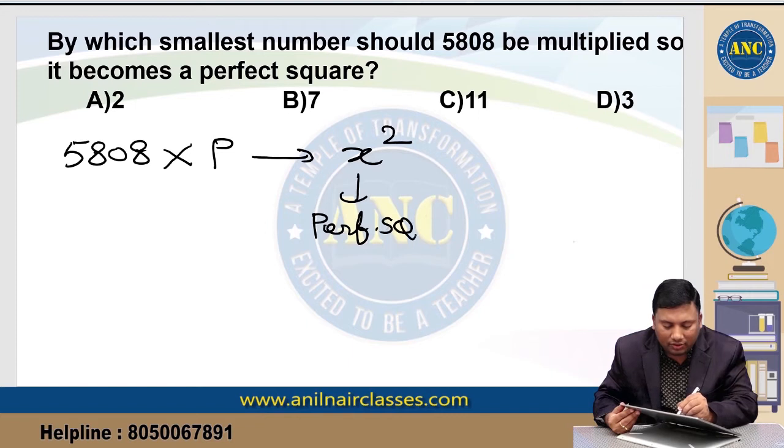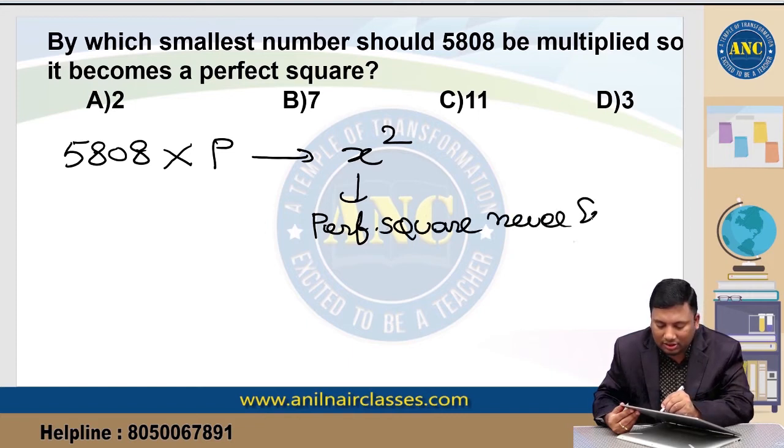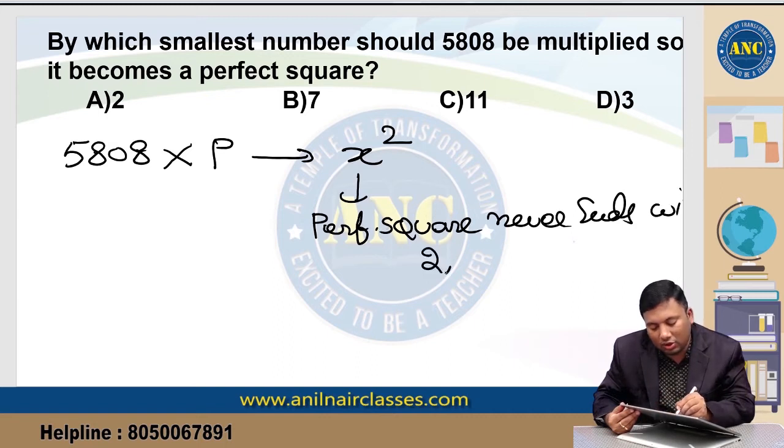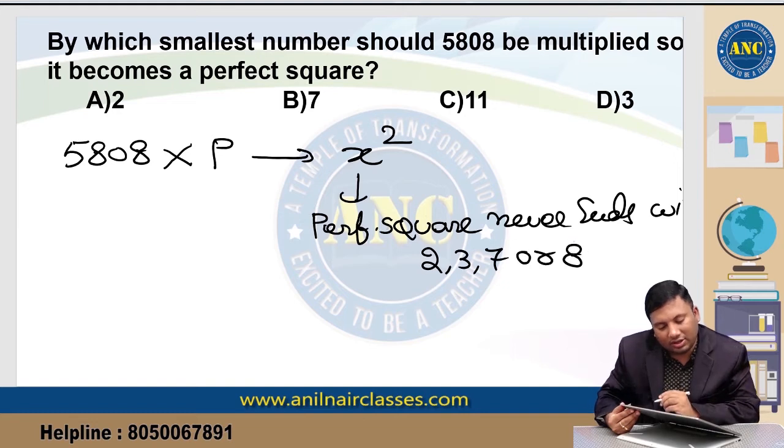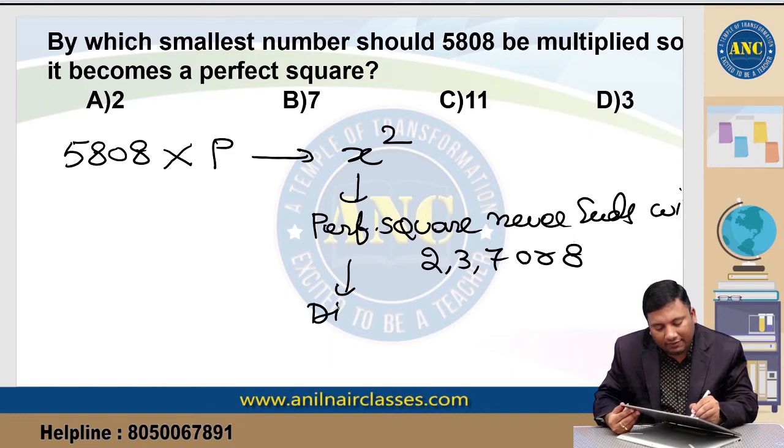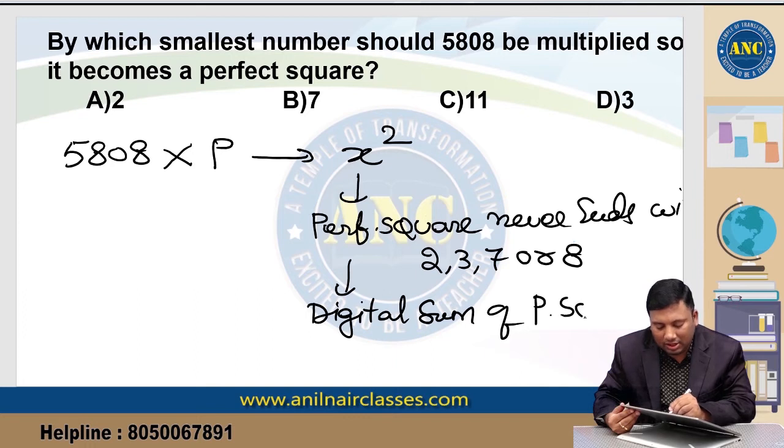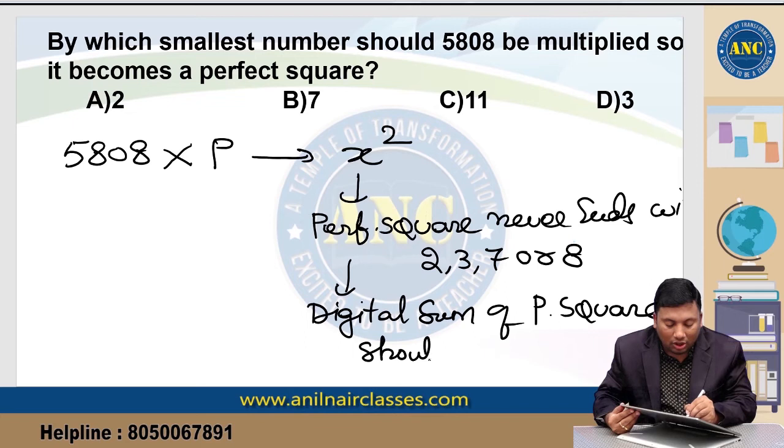A perfect square never ends with 2, 3, 7 or 8. That is one logic. Next one, the digital sum of a perfect square should always be 1, 4, 7 or 9.